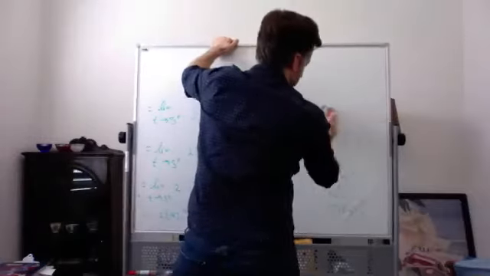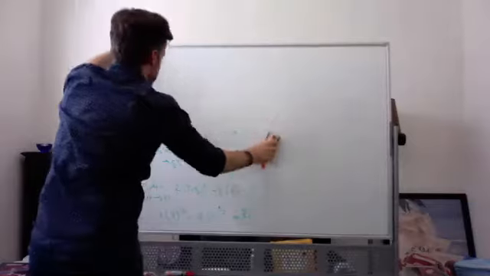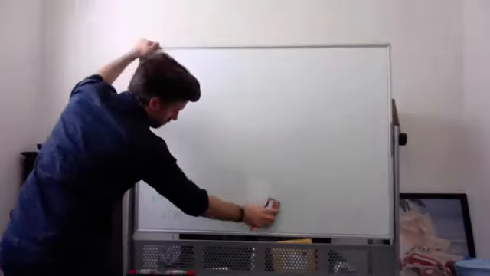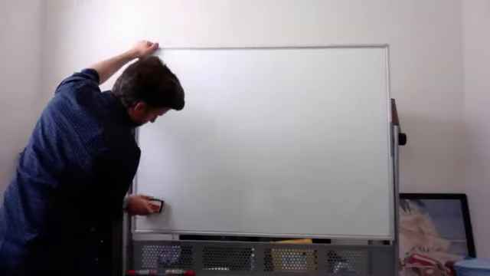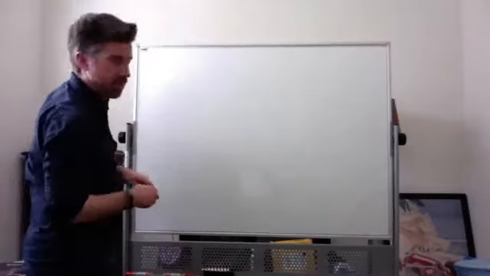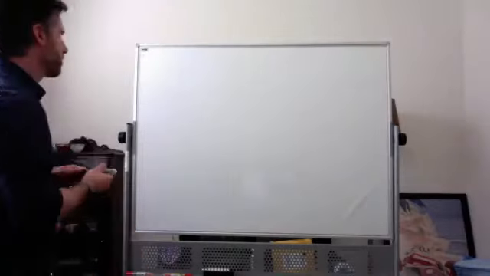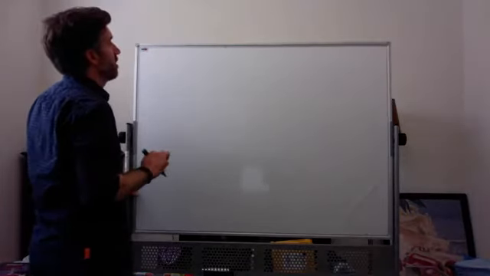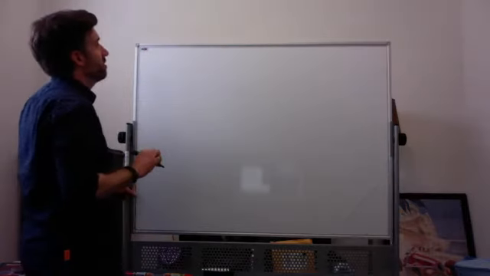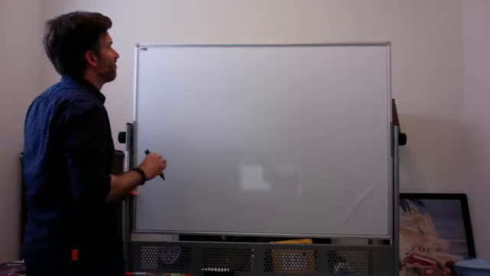Let me throw one more of these at you. Let's see. I guess we can do that. Sure. Could do that. That's terrible. No, I don't want to do that.